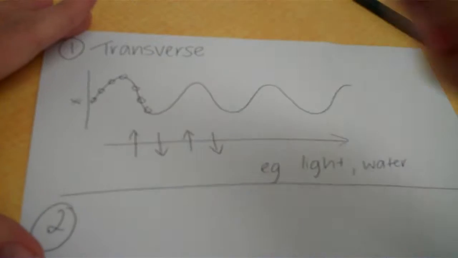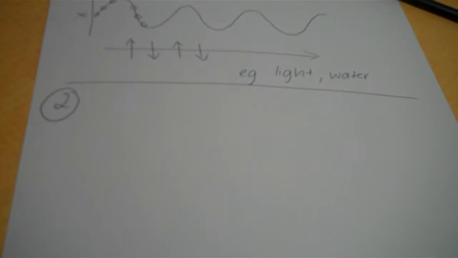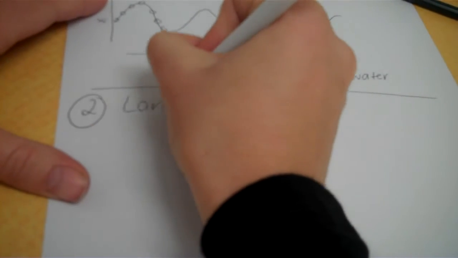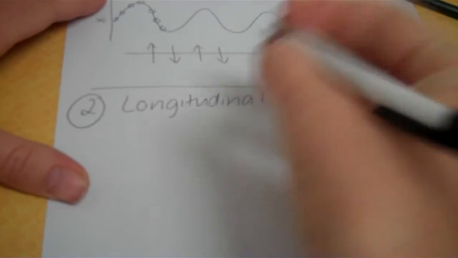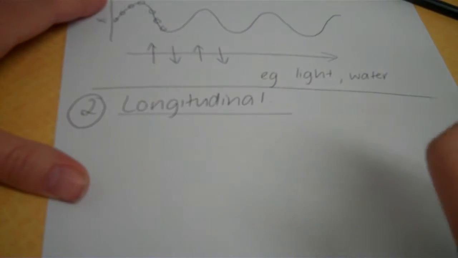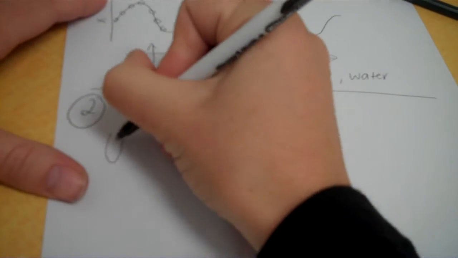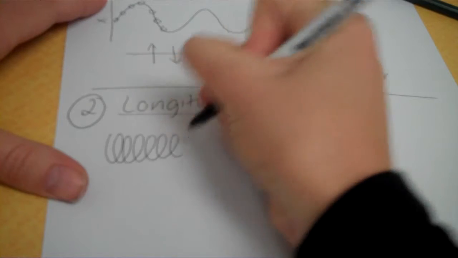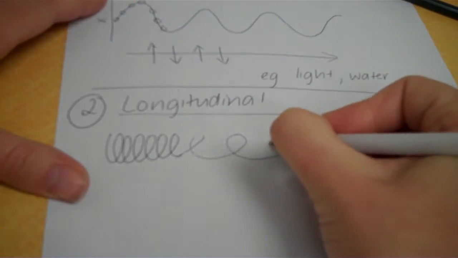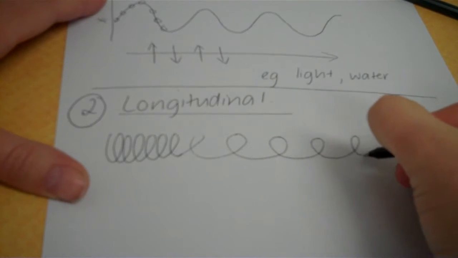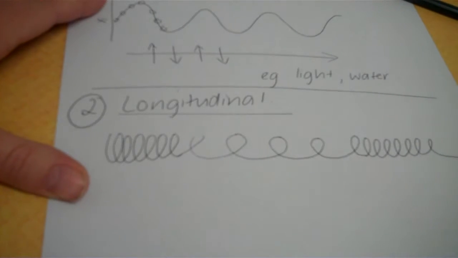The other one that you might find a little bit more difficult is the longitudinal or compressional waves. I tend to call them longitudinal. Now these ones, they tend to use the example of a slinky spring. Maybe you guys are too young to remember slinkies. Basically, compression up here, and then they have areas where they kind of spread out a bit more, and then areas where they come back to being compressed again, and then spread out a bit more.